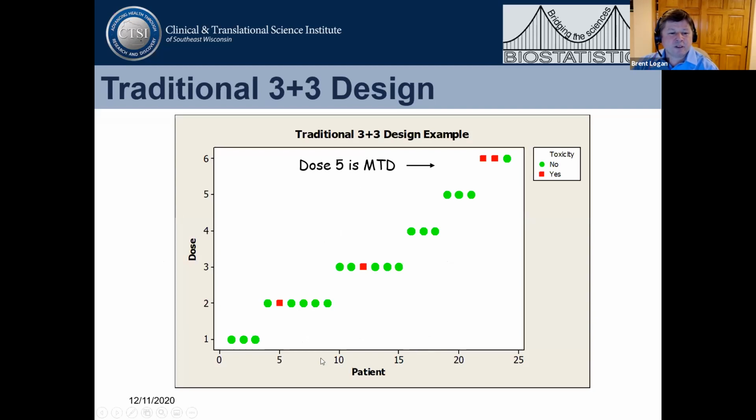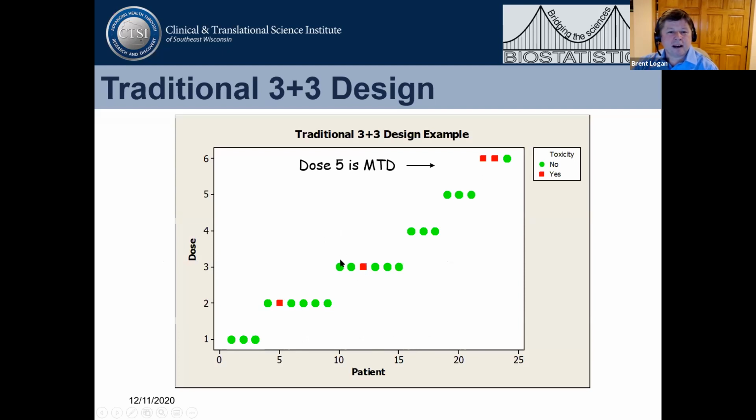So this is an example of what this looks like. Dose 1 has 3 patients. Green means no toxicity, red means a toxicity. The first 3 patients have no toxicities, so you go up. At dose level 2, you've got 1 out of the first 3 patients, so you enroll another 3 and they were all okay. So we're at 1 out of 6, and you go up again.